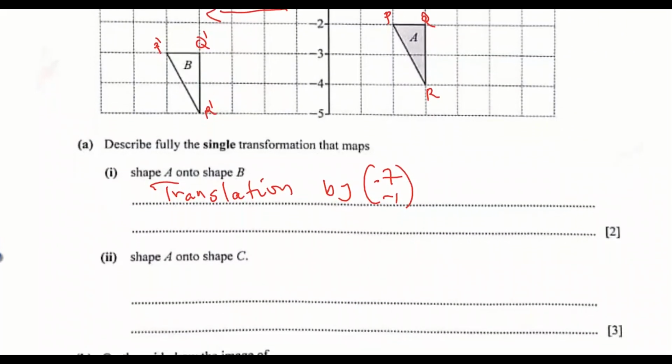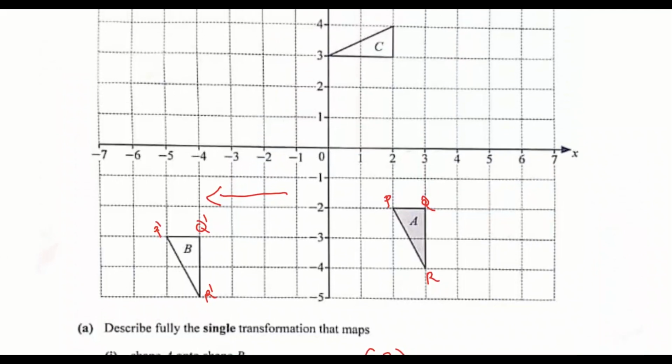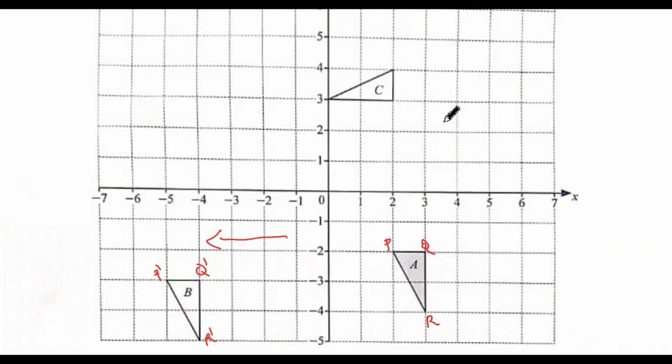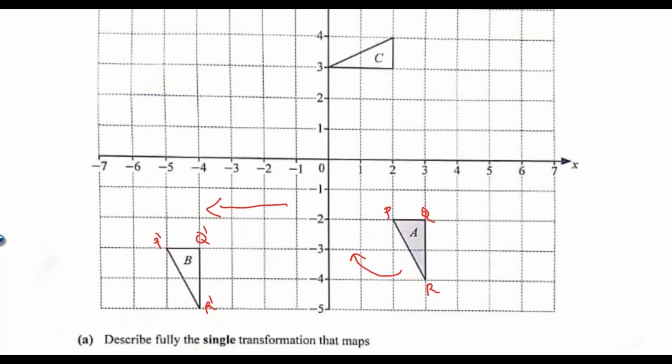Shape A onto shape C. So this is shape A onto shape C. If you look at this very well, this is rotation. Let's try to get the corresponding points. It was turned like this, clockwise.